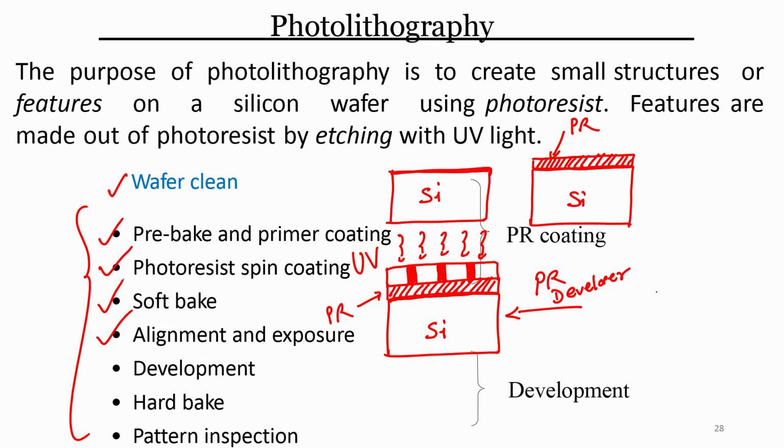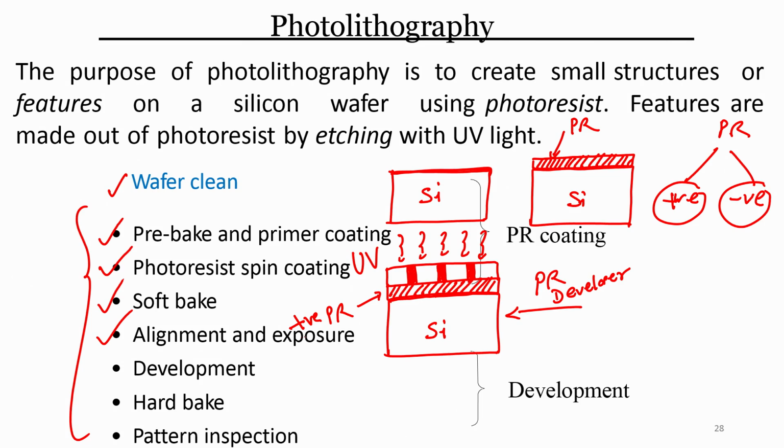When I do that, what will happen depends on the photoresist. I told you photoresists are two types, positive and negative. Positive photoresist will have the same pattern that is on the mask, negative photoresist will have the opposite pattern.